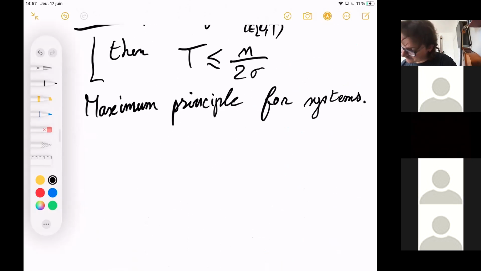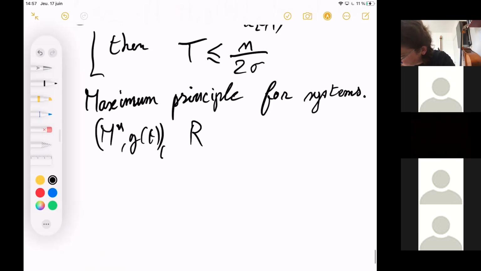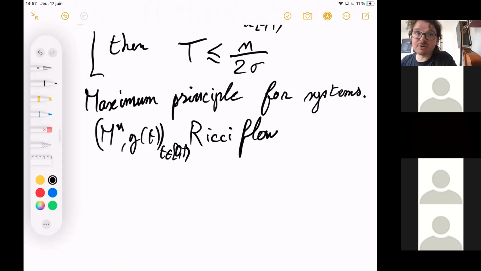Okay, we will just state it for the evolution of the curvature operator. So let (M^n, g(t)) be a solution to the Ricci flow. We can assume that M is compact to be safe.